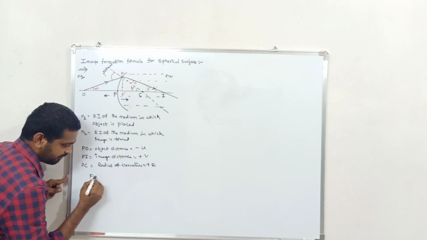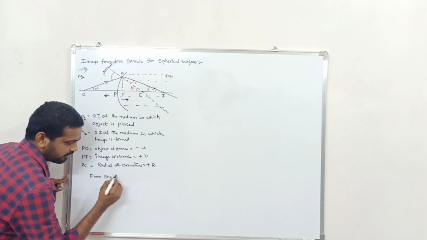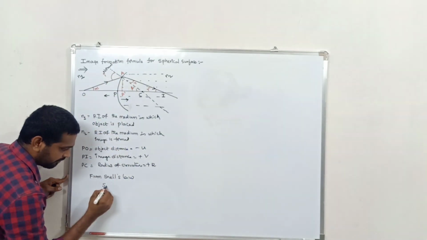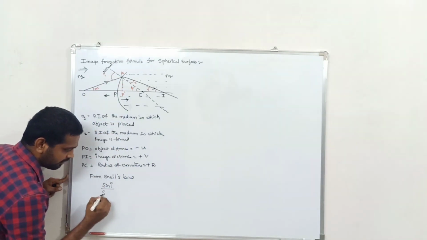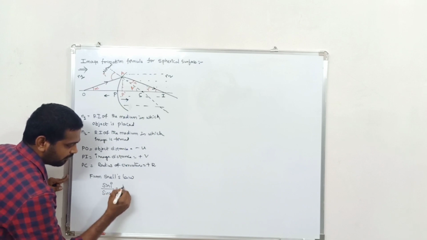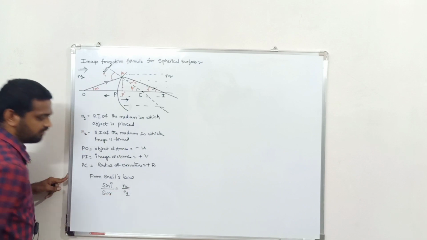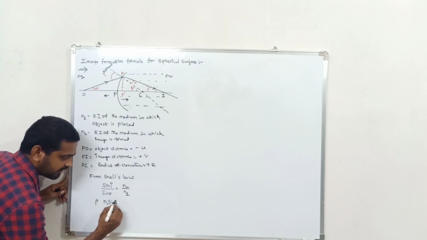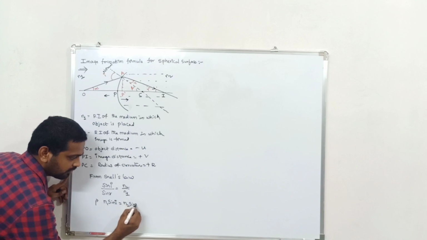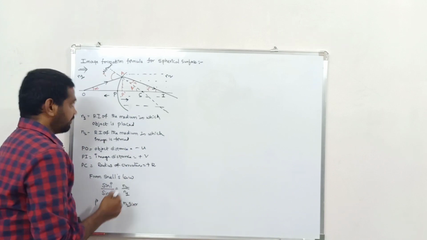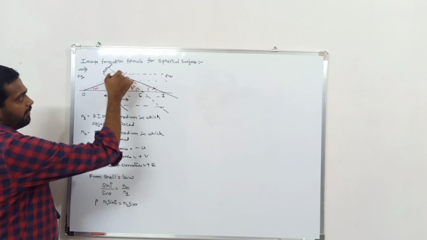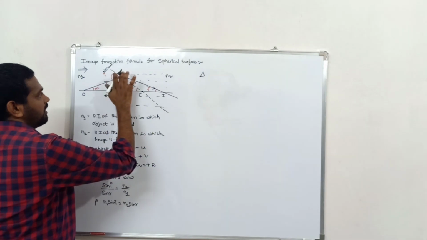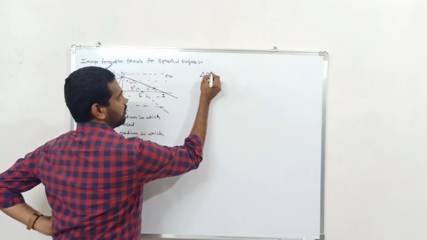From Snell's law, sin i divided by sin r is equal to n2 by n1. From this I will write n1 sin i is equal to n2 sin r. Now I am going to take the triangle OAC.